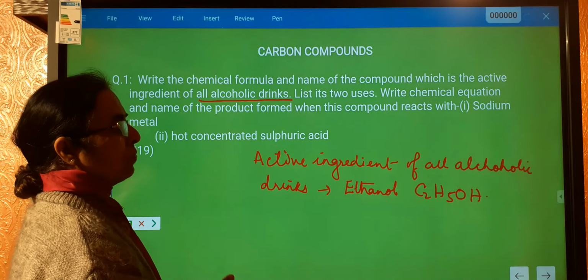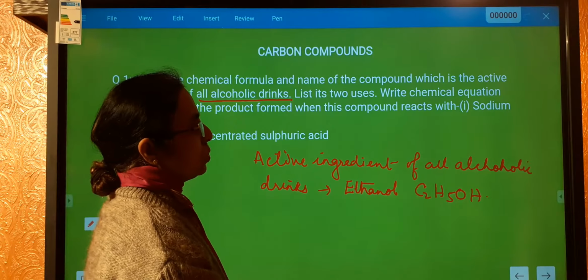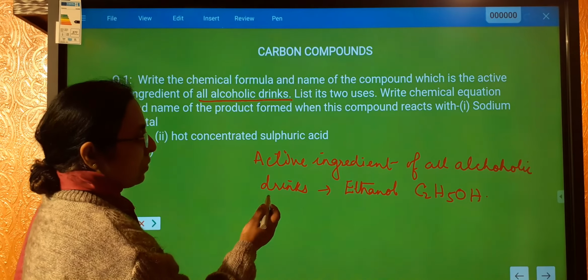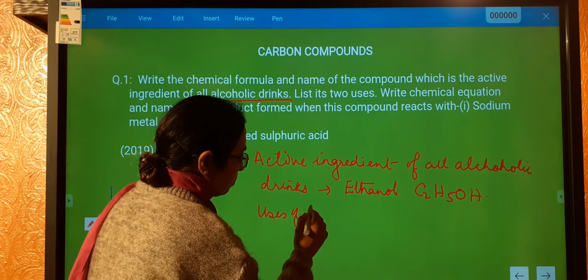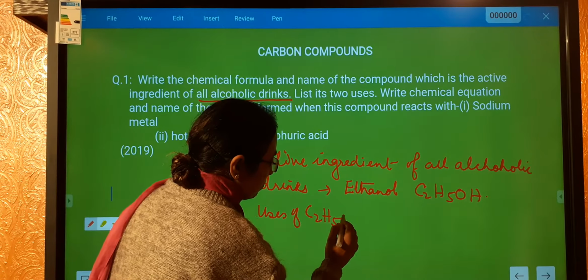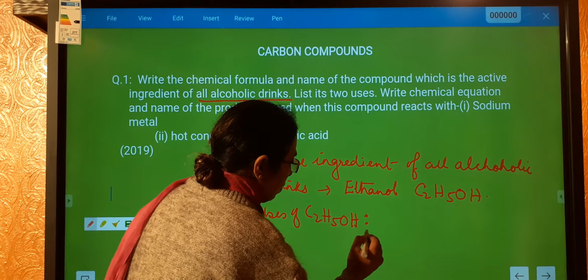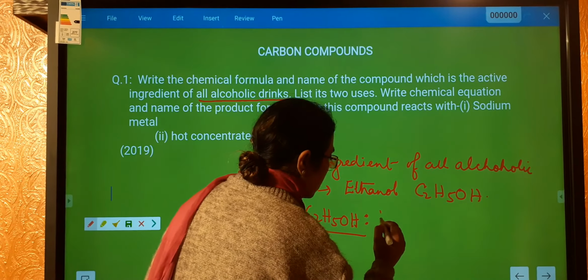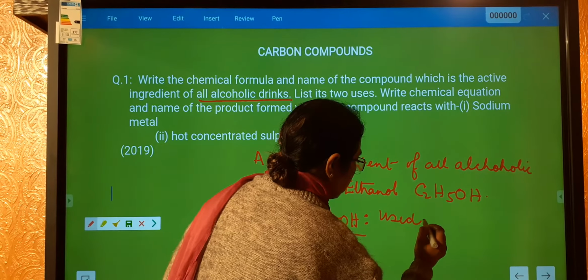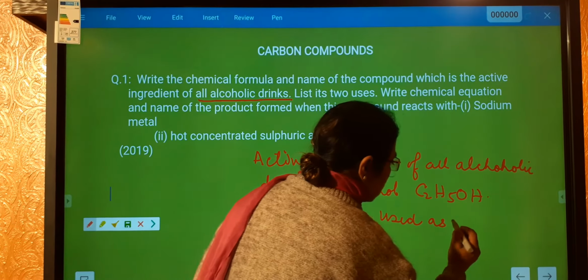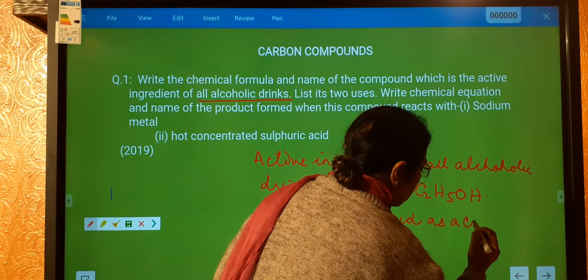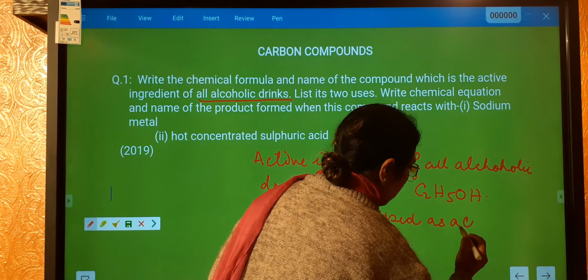List its two uses. So two uses of ethanol. This is used in the preparation of cough syrup.